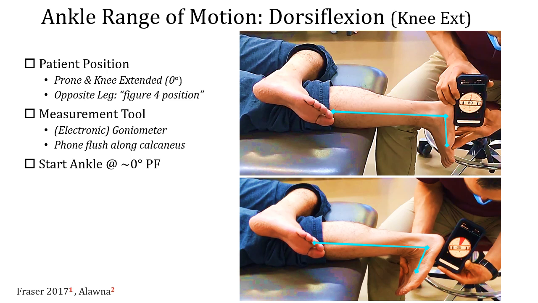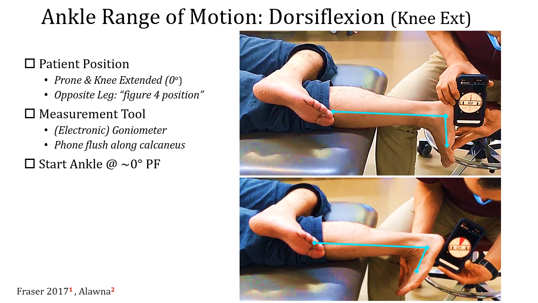So the patient's prone, their knee is extended to 0 degrees. You can see the opposite leg is in a figure 4 position, such that the assessment limb is rotated, such that the long axis of the leg is more perpendicular. It allows for more of a pure dorsiflexion range of motion versus going off at an oblique axis into pronation.